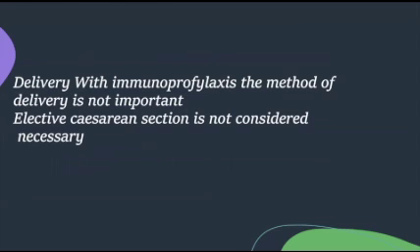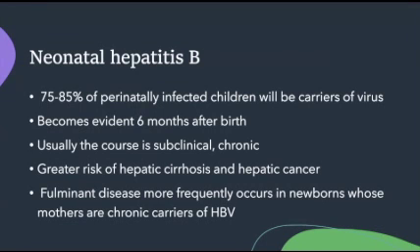Any method of delivery can be chosen. It's not necessary to choose a cesarean section. When it comes to neonates, 75 to 80% of perinatally infected children will be carriers of the virus.